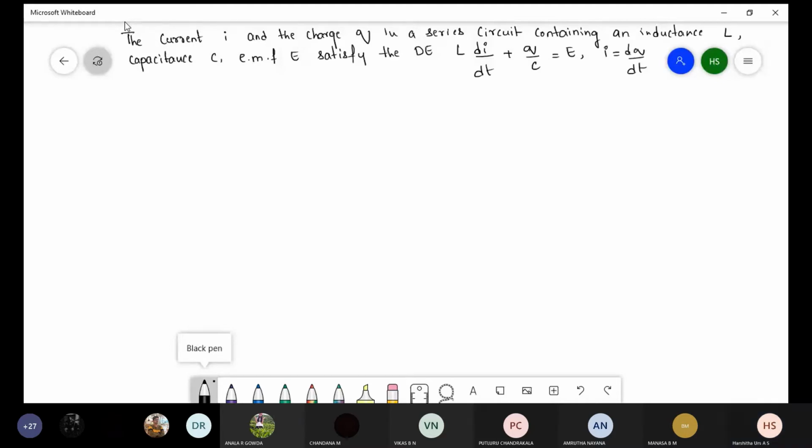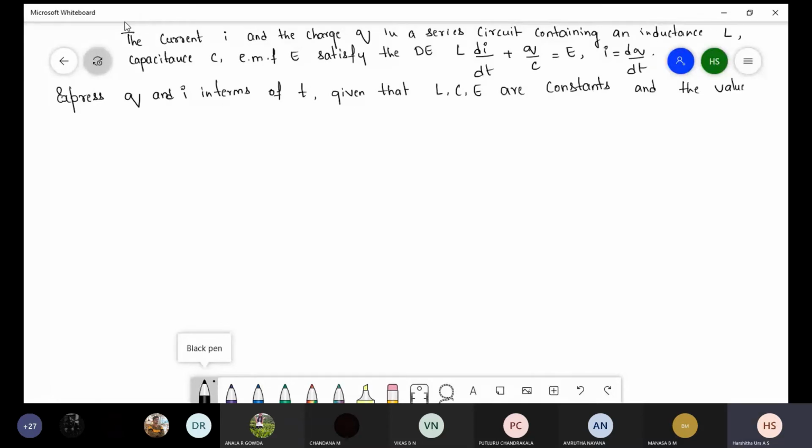See the condition. Express Q and I in terms of t, given that L, C, E are constants and the values of I, Q are both 0 initially.